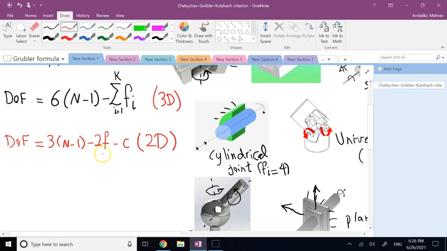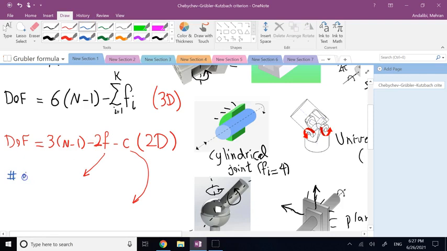Okay, where F here is those constraints that take away 2 degrees of freedom out of any rigid body, and we call them the low pairs. So I just wanted to tell you these terms.